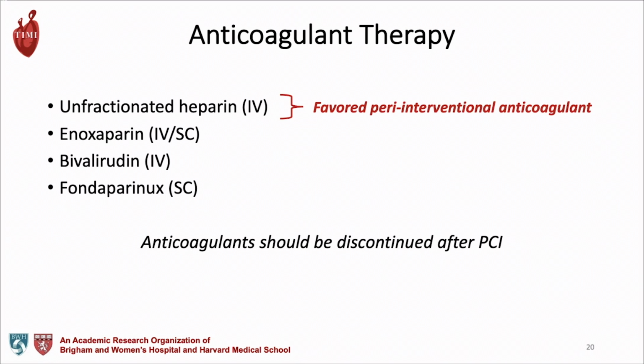It is the favored peri-interventional anticoagulant because of the ability to turn it on and off quickly, and with high efficacy. In contrast to the P2Y12 inhibitors, the anticoagulants are started immediately in a patient with suspected acute coronary syndrome, and then once the patient undergoes coronary angiography and percutaneous coronary intervention, if that's the case, that's when anticoagulants are turned off.